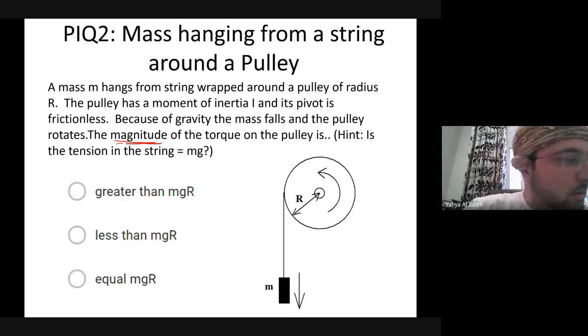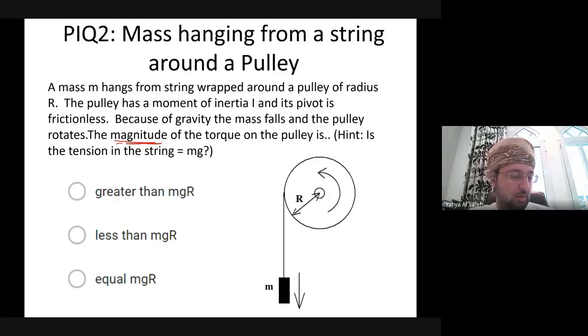Let's see. Equal, less, greater, mgr. Okay, let's do it together.